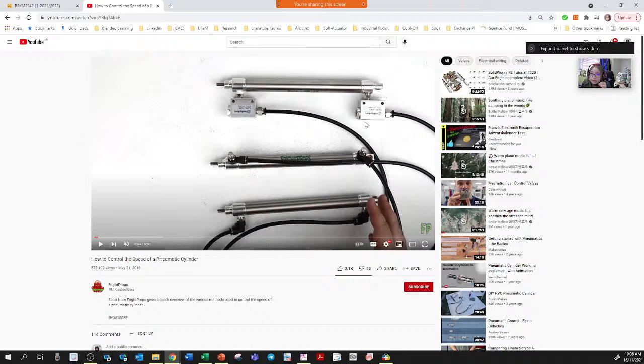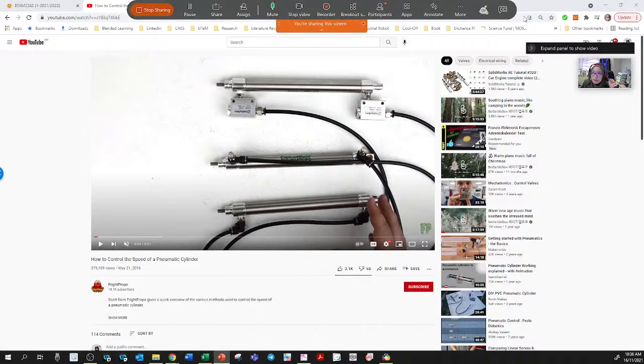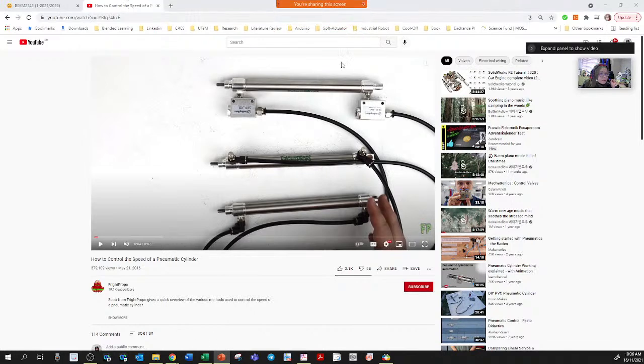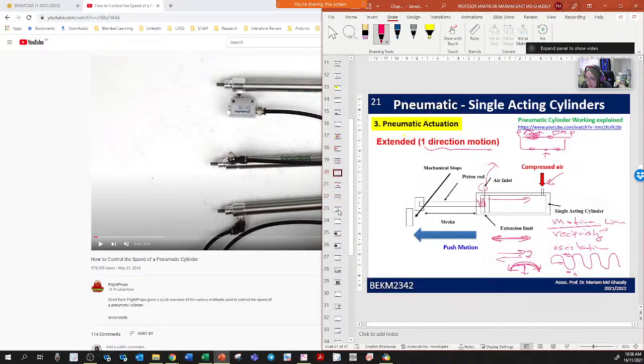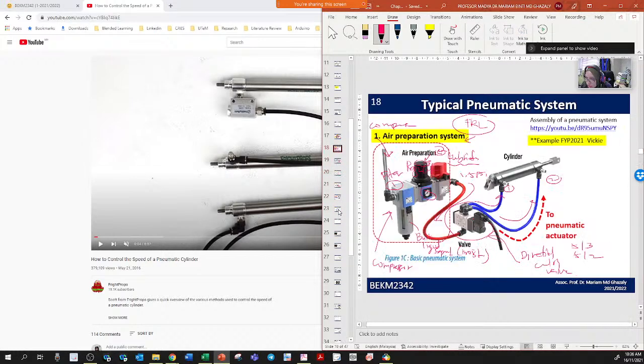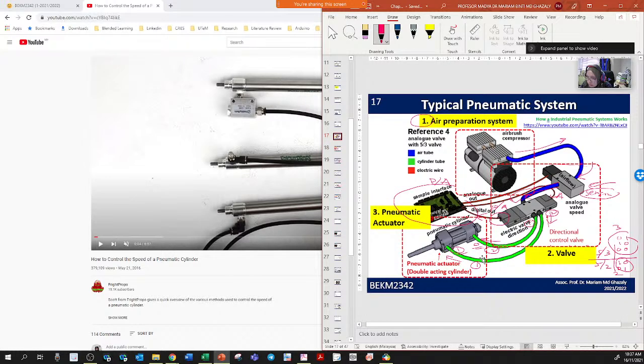And if you look at this exhaust valve, this is what you have seen in this control valve previously.